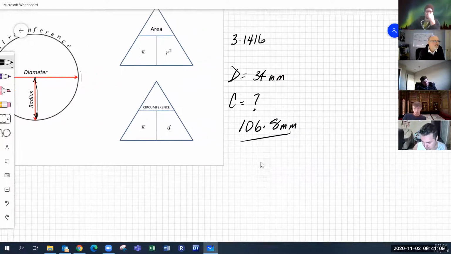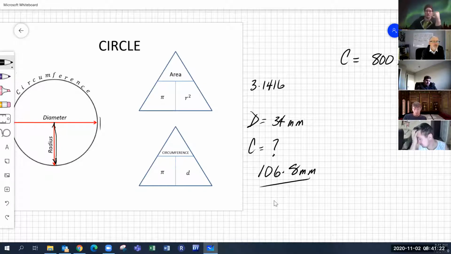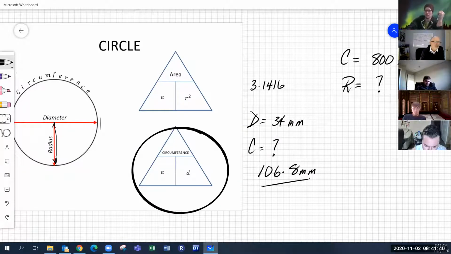So let me ask you another question pertaining to this. Say I had a circumference equal to, let's put 800 millimeters. What is my radius? If I was to do that, there's my formula triangle.